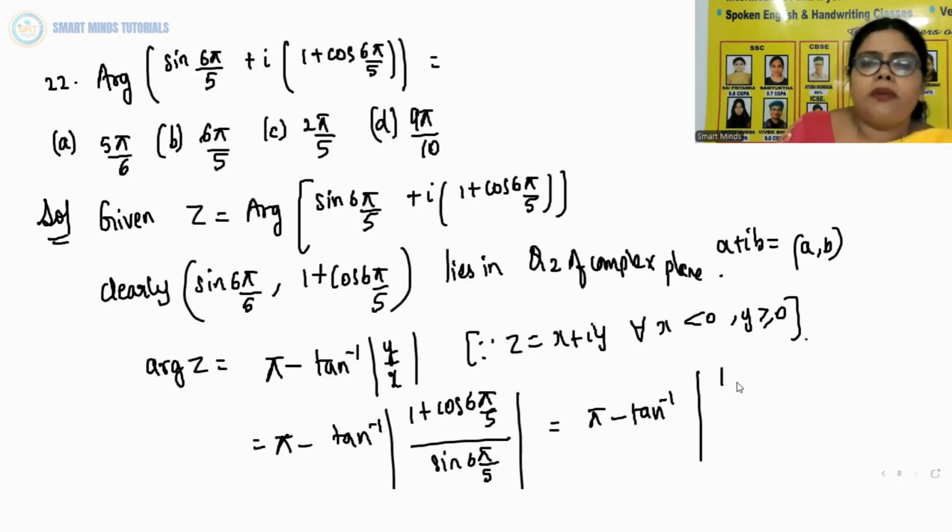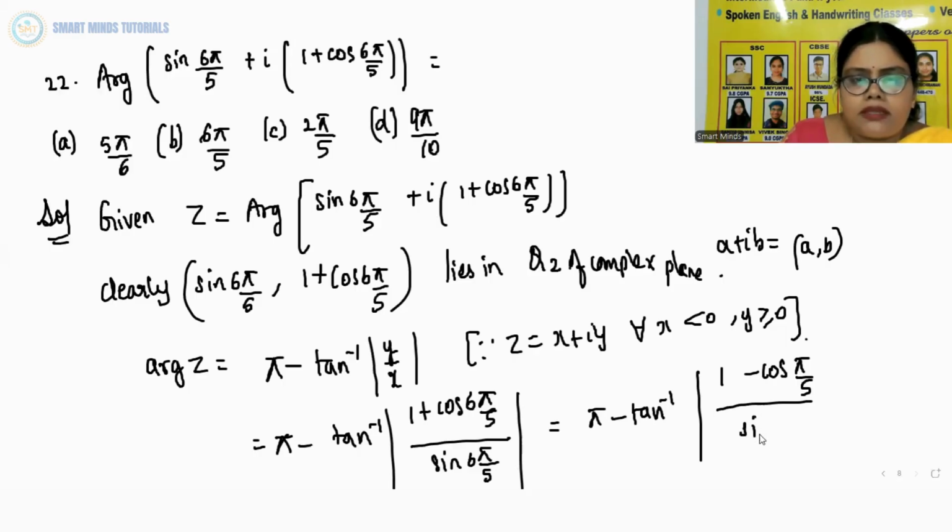See, cos 6 pi by 5 can also be written as minus cos pi by 5, and again for 6 pi by 5, sine is minus sine pi by 5, because it lies in the third quadrant. In the second quadrant, cos is negative, sine is positive. So that is equal to pi minus tan inverse.